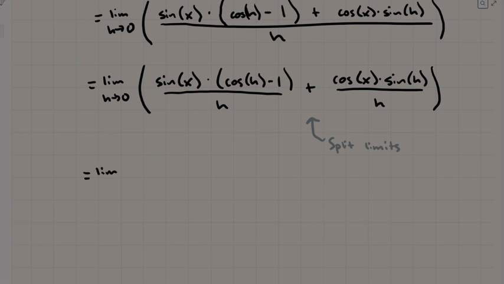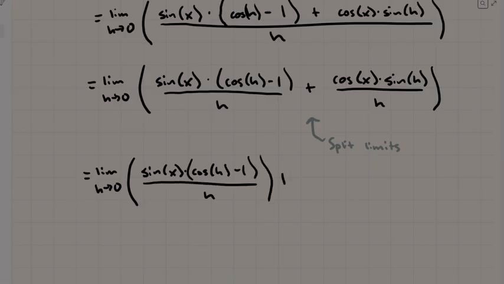Right, and so we're saying that the derivative is going to be equal to the limit as h approaches 0 of sine x times cosine h minus 1 over h, plus, now this other term, we can calculate just the limit of that part independently of the other one. So cosine x sine h over h.